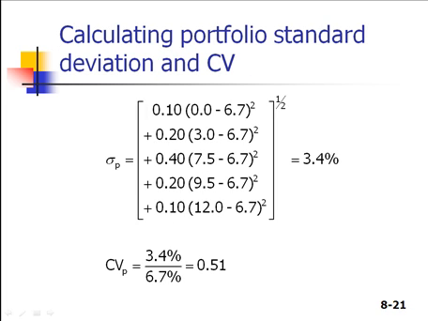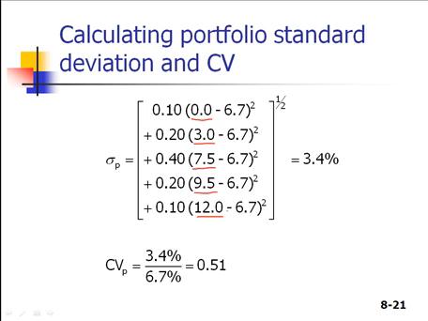Remember that in each case for the standard deviation, we're going to look at the outcome. So we've got the 0% outcome for the recession case, 3% for below average, 7.5% for the average case, 9.5% for above average, and then 12% for the boom case.